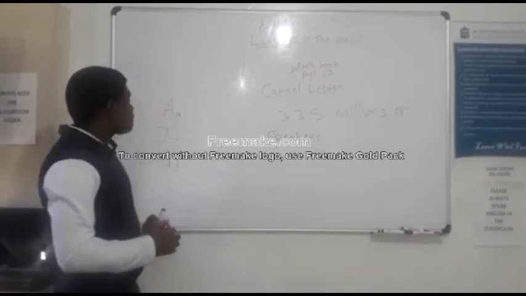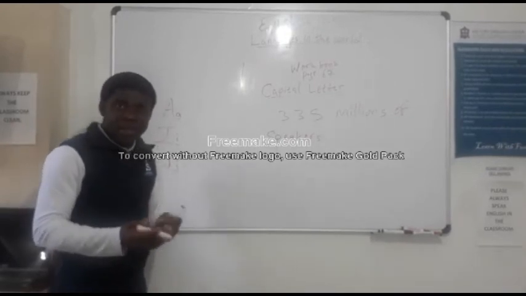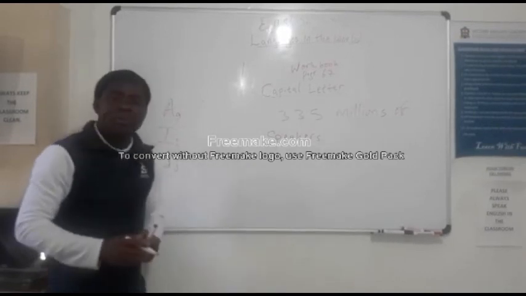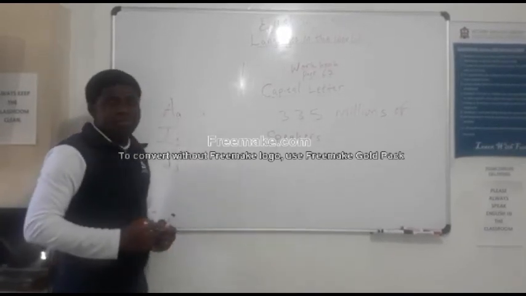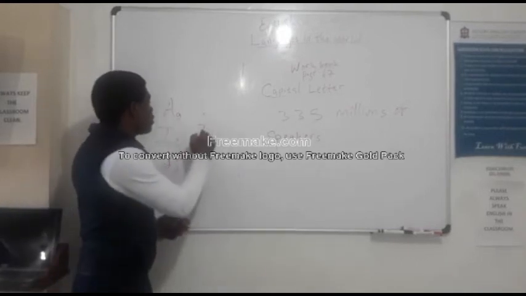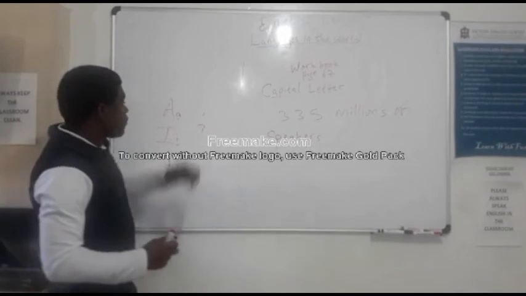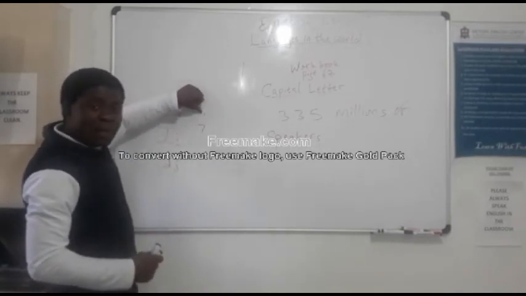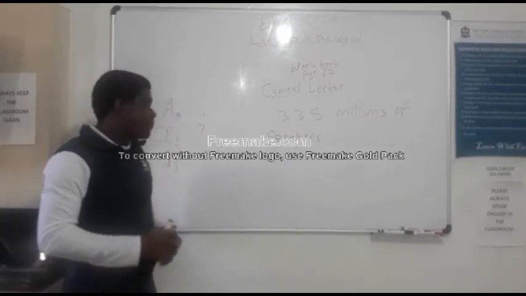And also, if you are writing sentences in English, this is what we call full stop. This is what we call comma. This is what we call question mark. So in English, this is called full stop, comma, question mark. Alright?